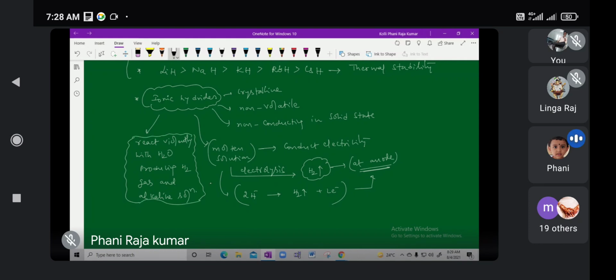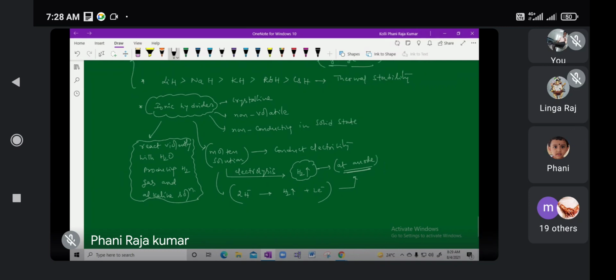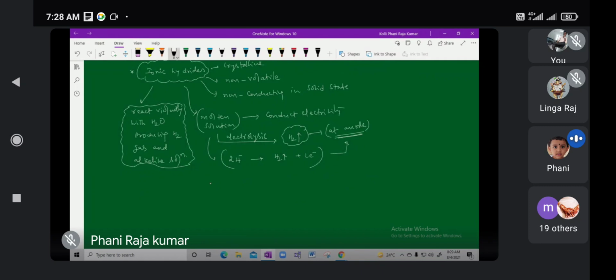They react violently with H2O, producing hydrogen gas and an alkaline solution.